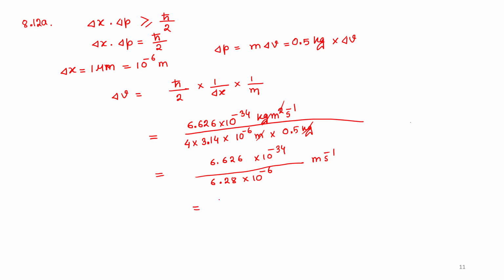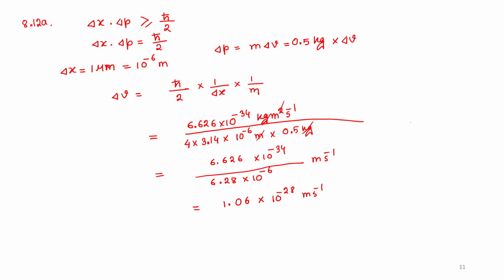So that is 6.626 divided by 6.28, a little more than 1, 1.06 into 10 to the power minus 28 meters per second. So that is the uncertainty in the speed or in the velocity.